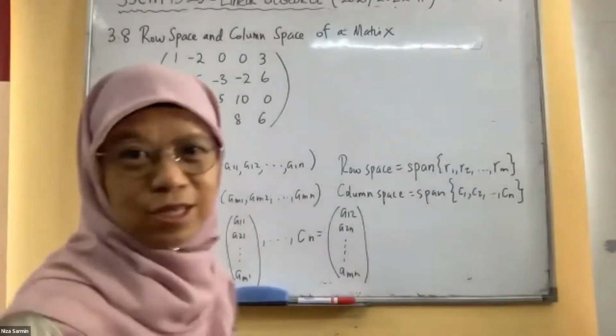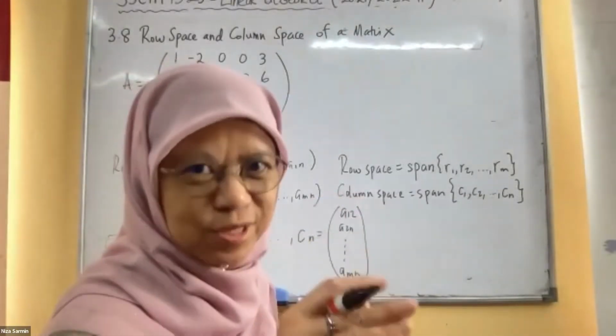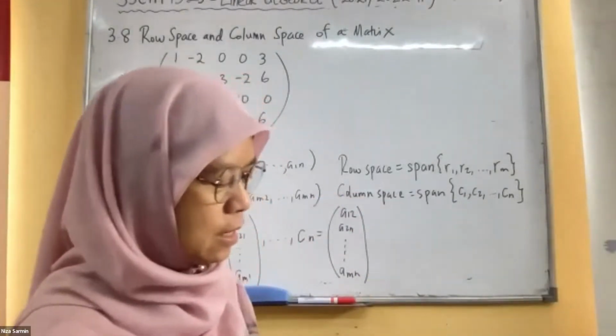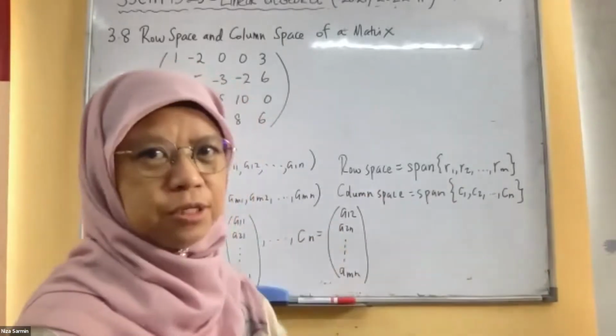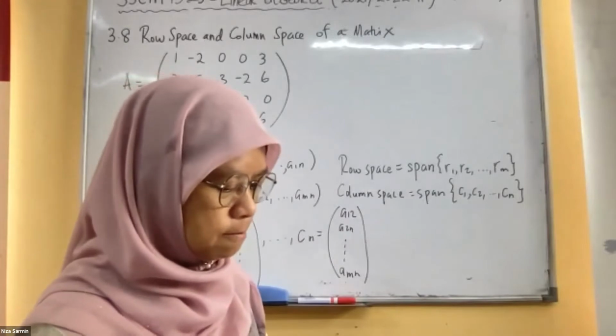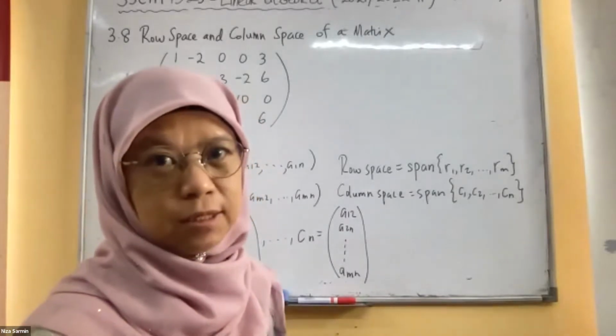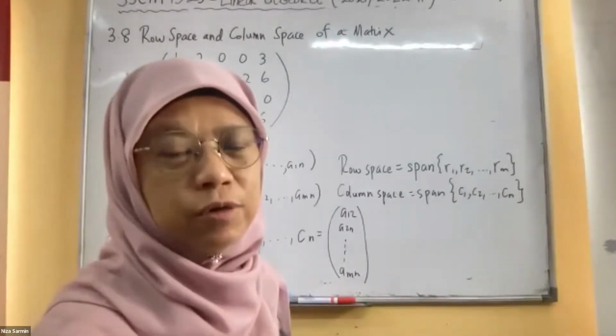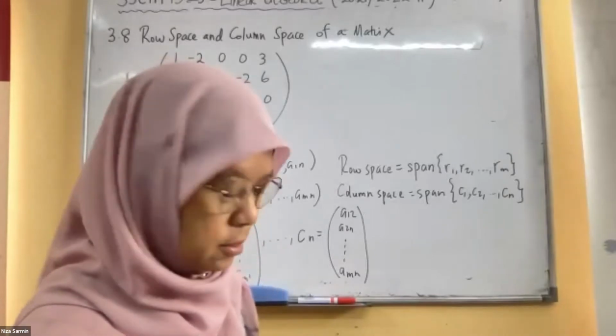The question did not give this; the question gives you the rows. But I rewrite it to match the definition earlier to have a matrix. The question is, find a basis. I changed the question: find the row space and the column space.